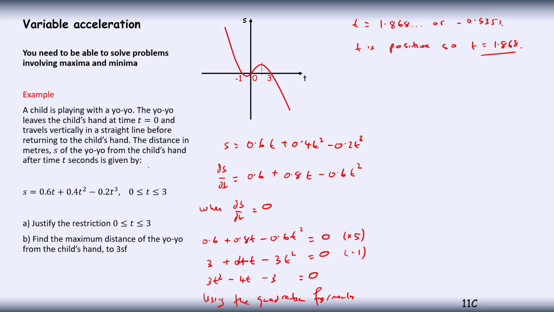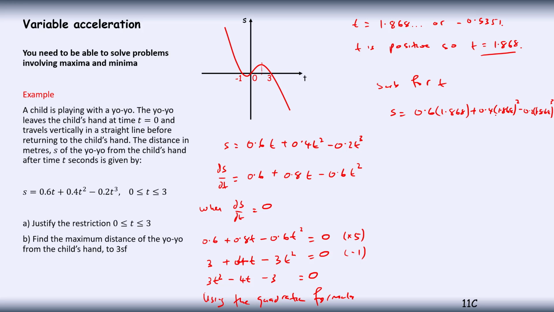In order to find the maximum displacement, I need to sub that back into this equation. So s is going to be equal to 0.6 times 1.868 plus 0.4 times 1.868 squared minus 0.2 times 1.868 cubed.